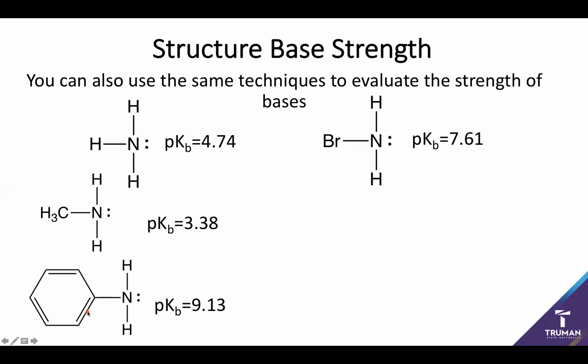Adding an aromatic ring makes a molecule more acidic, which means it makes that base less basic. So by adding in that aromatic ring, we make a really terrible base. So when you're trying to figure out what makes a good acid, those things are going to make terrible bases.